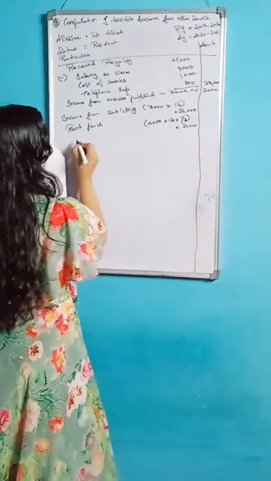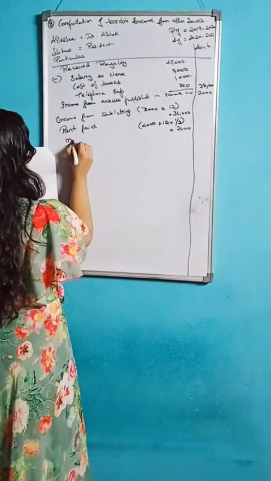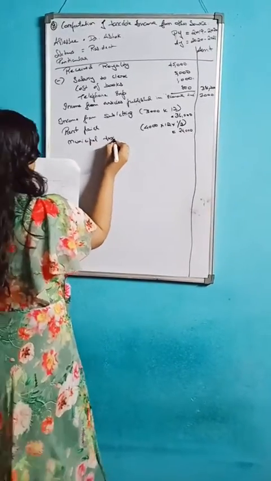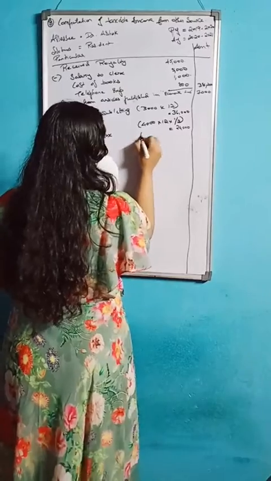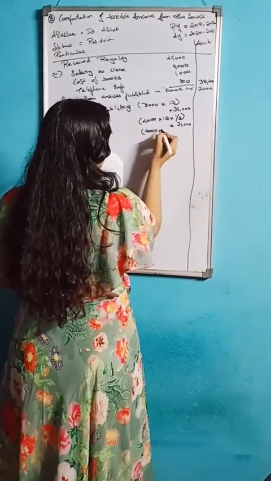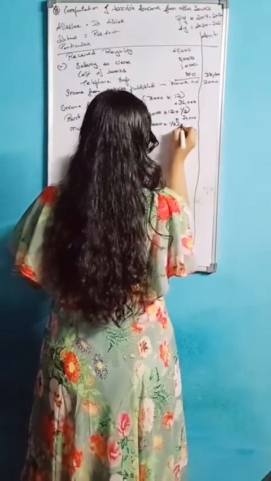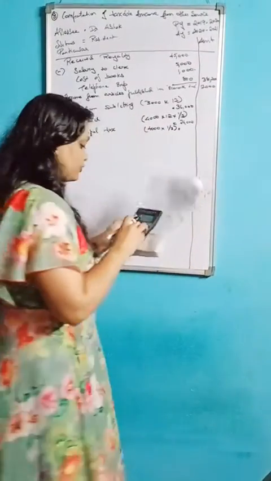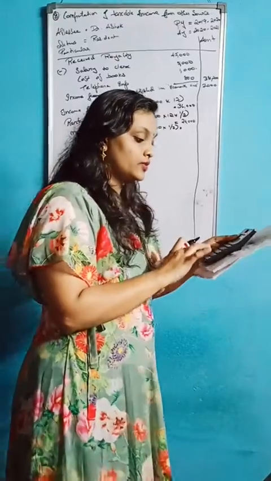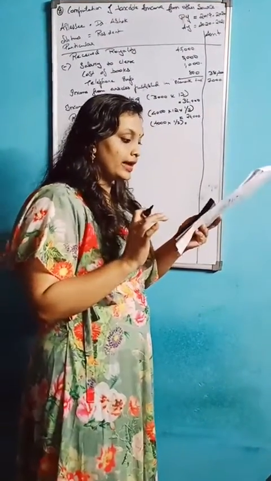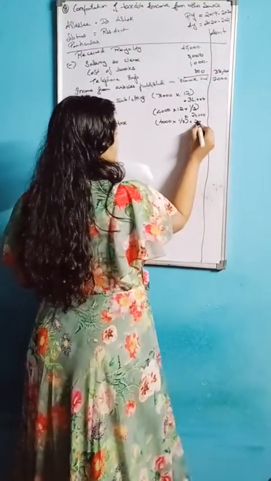Next you have municipal tax. Municipal tax, that is 4,000 into 1/2. How much will you get? So 4,000 into 1/2, you will get 2,000.